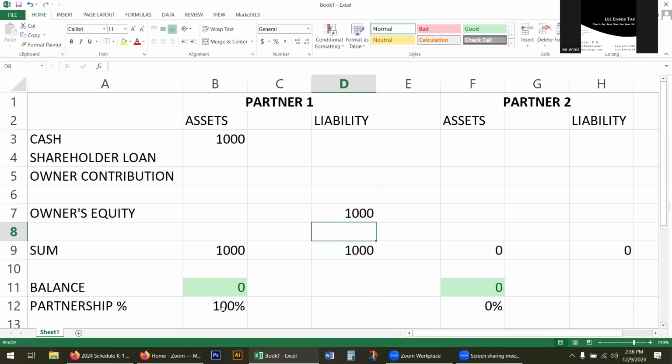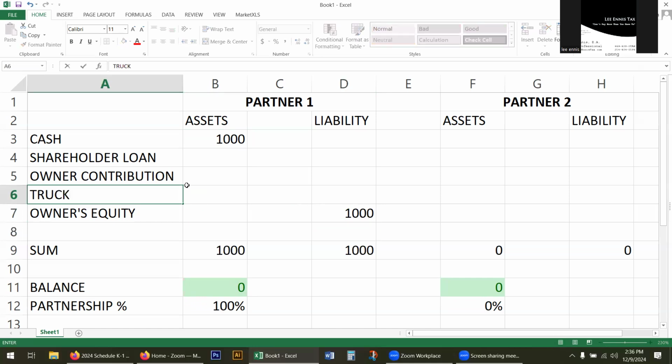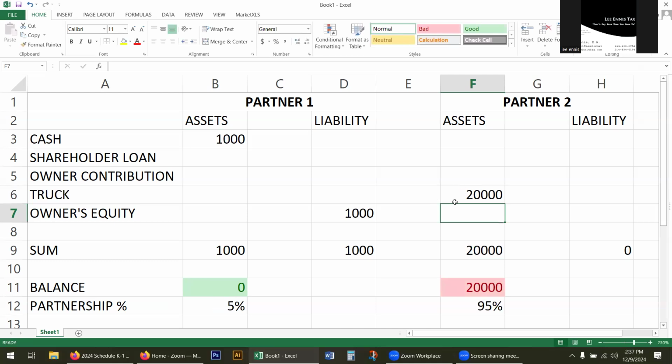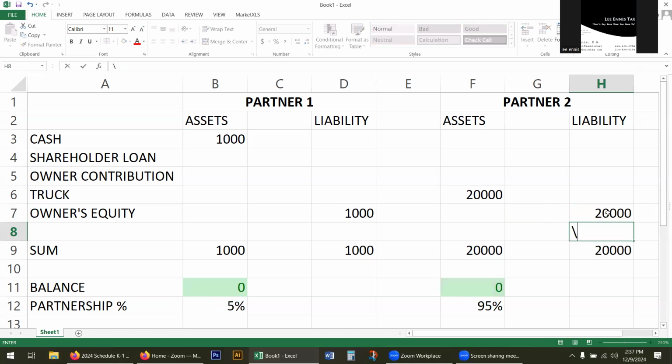Now, let's say we have another partner who wants to contribute a truck, and that truck is $20,000. So now this partner has $20,000 of equity.